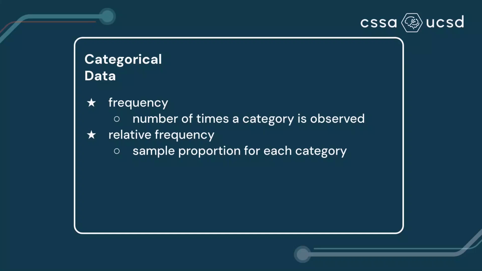Important factors in categorical data is frequency, which is the number of times the category is observed. In our example, that would be how many machine learning majors are there. And then there's relative frequency, which is the sample proportion for each category. We're seeing what percent of this data is comprised of machine learning majors.